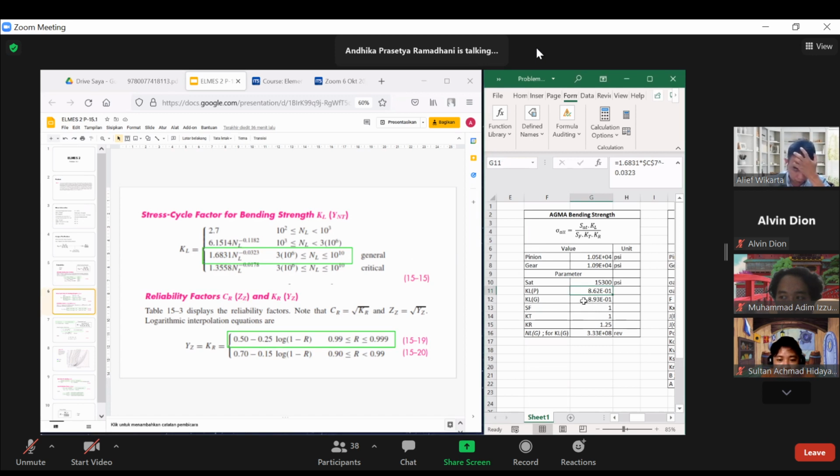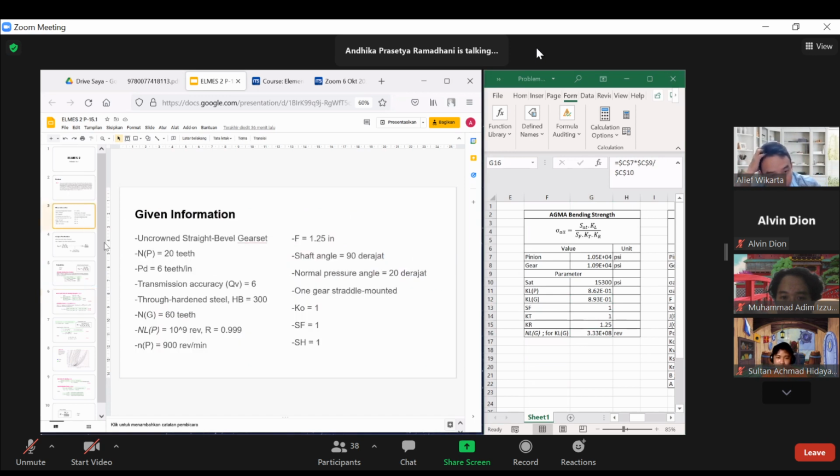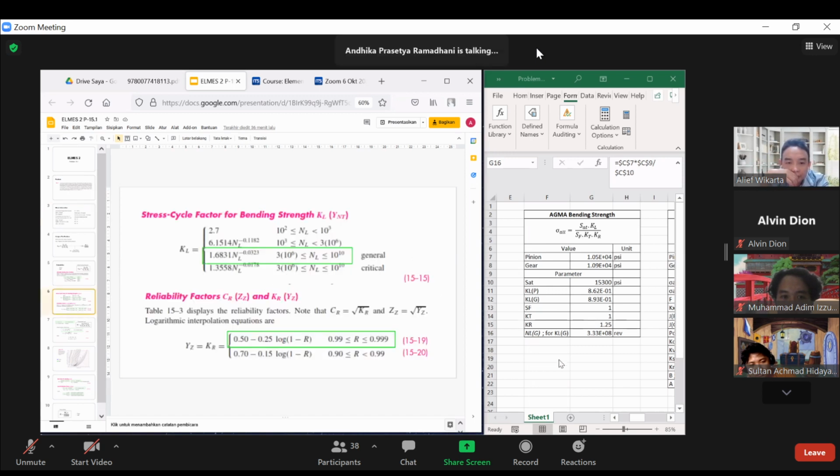And then for the gear, it is somewhat different because the given information is for the pinion life cycle, so we have to define the gear life cycle.